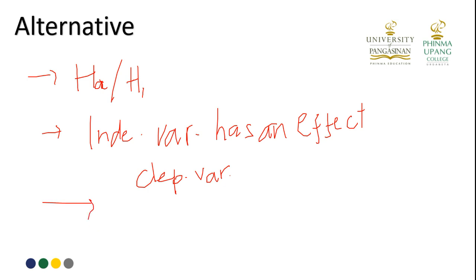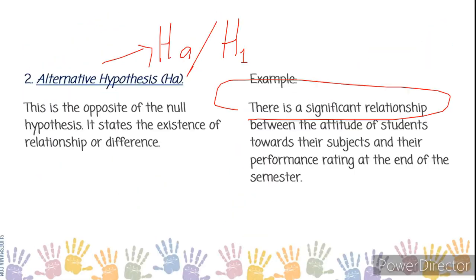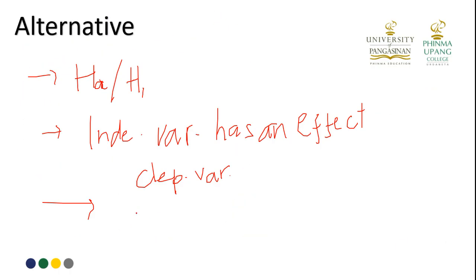Then, kanina meron tayong symbol na equals. Ang symbol naman ng alternative is HA. Madalas ang ginagamit dito is not equal. Kunyari, the population mean 1 is not equal to the population mean 2. So, ano pa? Meron pa ba? Yes, meron po tayo.